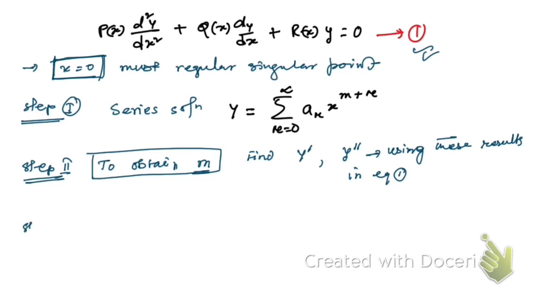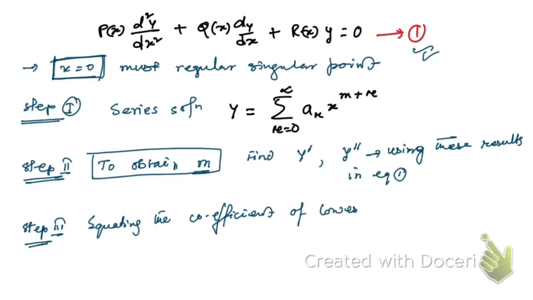Then step 3, equating the coefficient of lowest power of x in the identity to 0.